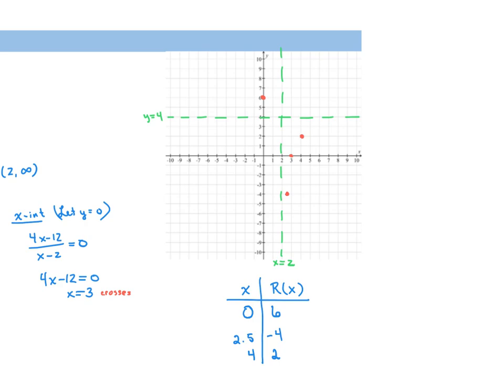So now, as we look at each one of these points, we know what happens. Because if we look at 0, 6, I know that to the left of that I need to approach my horizontal asymptote, and then to the right of that I need to approach my vertical asymptote.